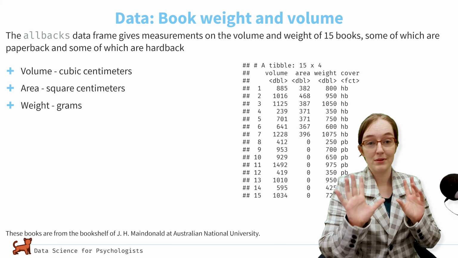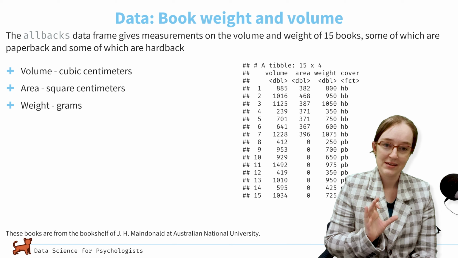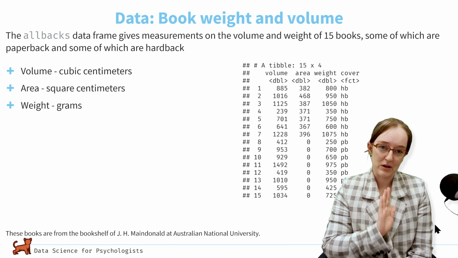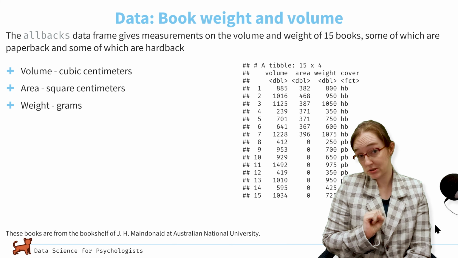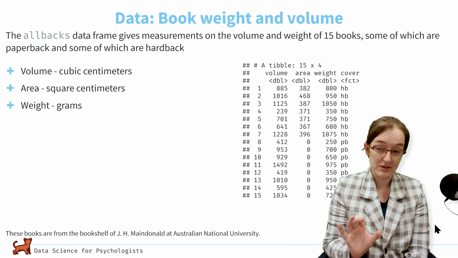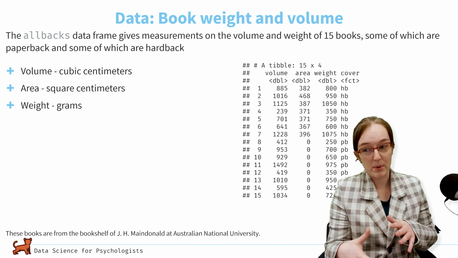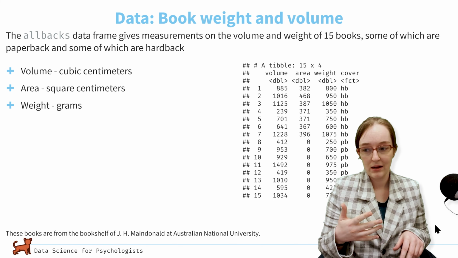Okay, so we're going to play with a little bit of a different data set for a moment, just before we go back to the Parisian art auctions. The allbacks data frame gives measurements on the volume and weight of 15 books, some of which are paperback, some of which are hardback.